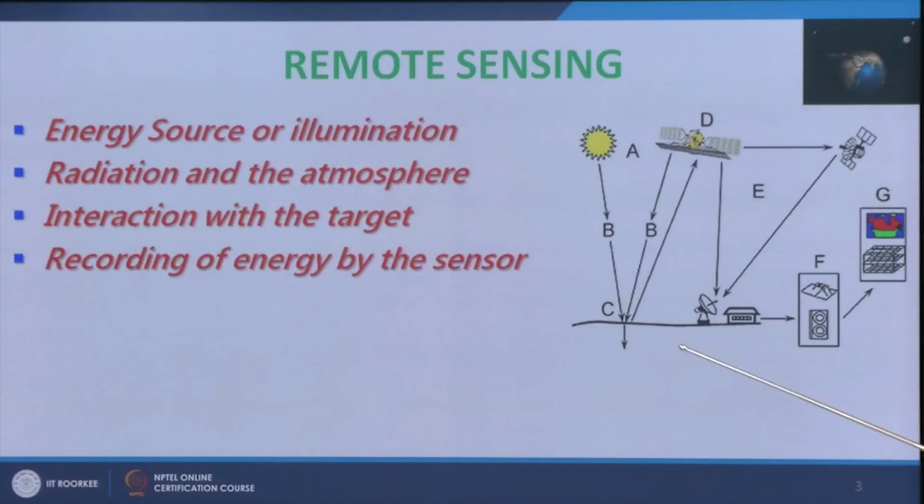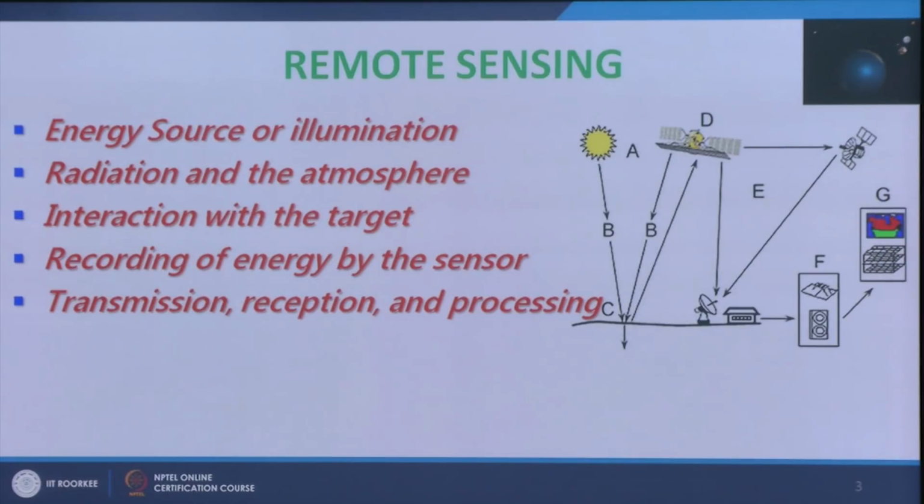After this reflection, the energy goes again through the atmosphere and is finally recorded by the satellite, which has different types of sensors, which we will see later. Then the data is transmitted from the satellite to ground earth stations, and finally you do the processing and analysis.